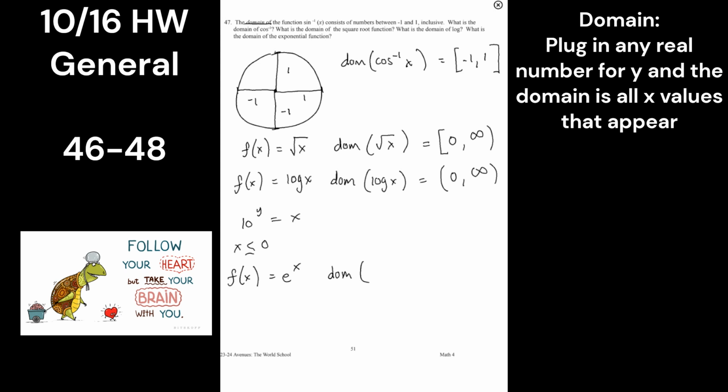No, never mind. I forgot, because a negative exponent doesn't make it negative. It makes it smaller and smaller. So actually, I think every number is achievable here. So we would say the domain of the exponential is from negative infinity to infinity, which means that it reaches every single number.